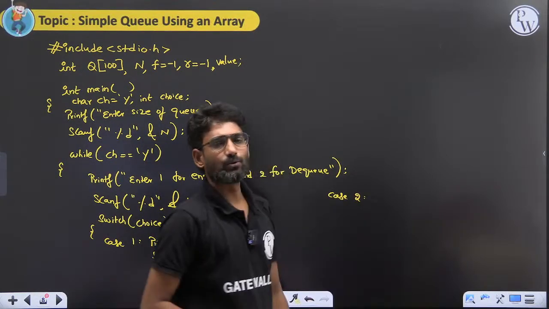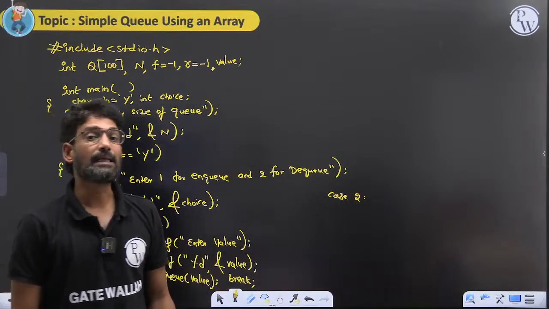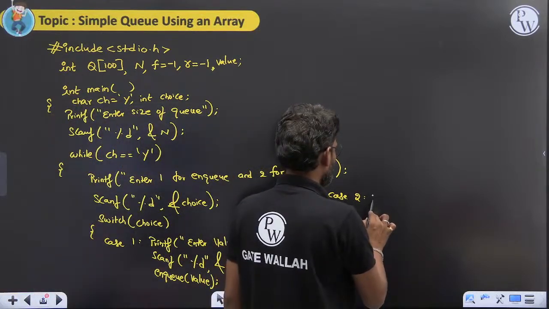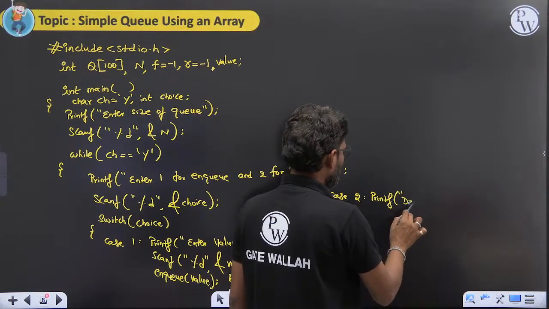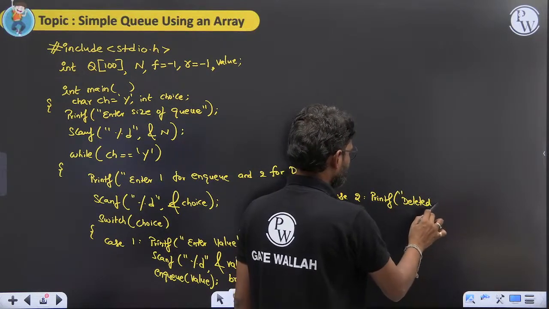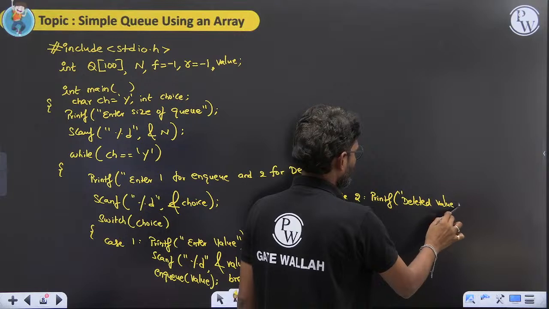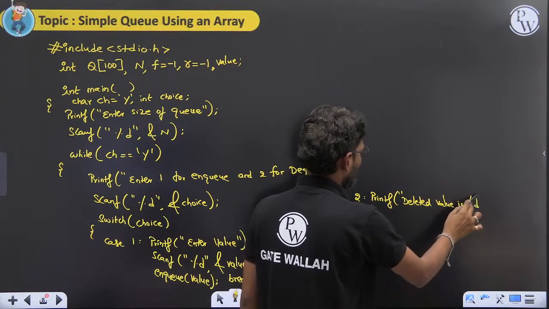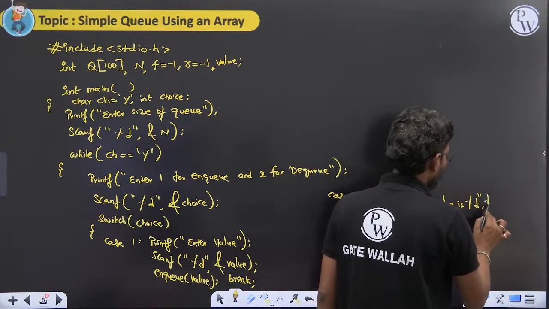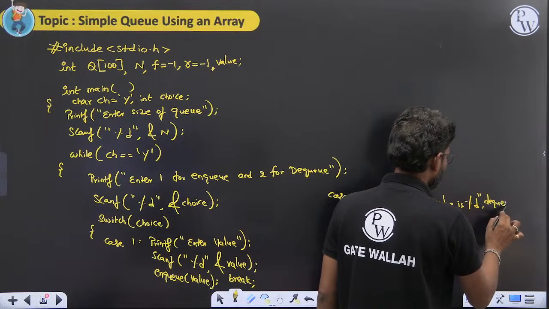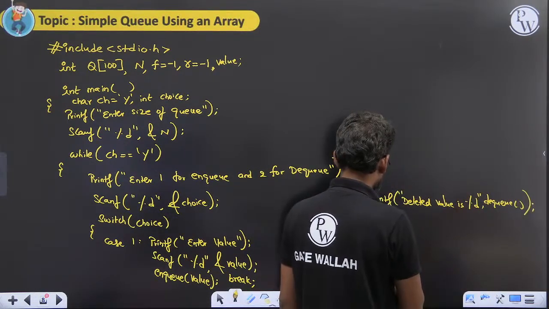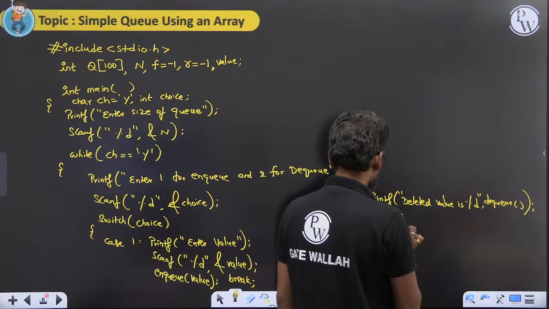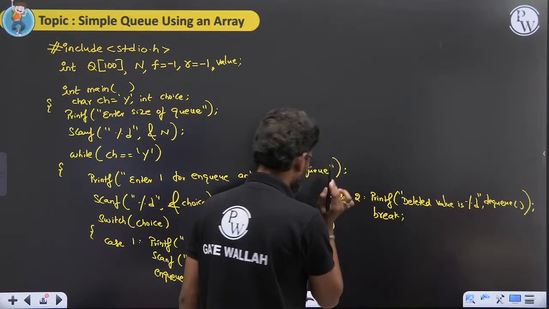Now in case 2, what I would like to perform in case 2? Deletion. So I am printing the deleted value is %d comma dequeue function I am calling. Break. That's it. My switch is over.